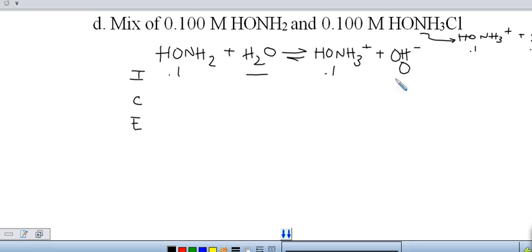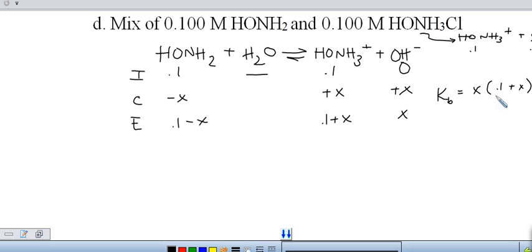Now this is a weak base, so I need to use the Kb. And the Kb is products over reactants raised to their coefficients, over 0.1 minus x, and we're going to say that the x is much, much smaller so that we can ignore it. Also, because these are both 0.1, I have x is equal to the Kb, and since Kb is 1.1 times 10 to the negative 8th, that is also x.